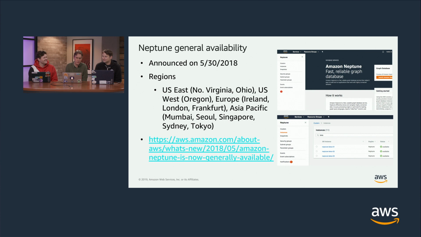We're now launched in 11 regions worldwide, and we're continuing to expand the service. We're always launching new features. For example, just today we're announcing the ability to put audit logs in CloudWatch. And we launched in the Seoul region last month, so we're continuing to make updates to the service.